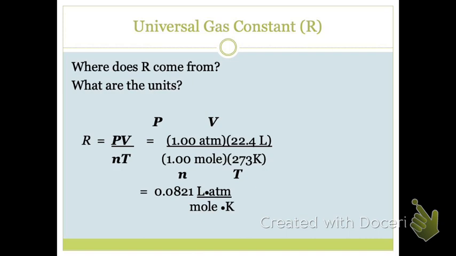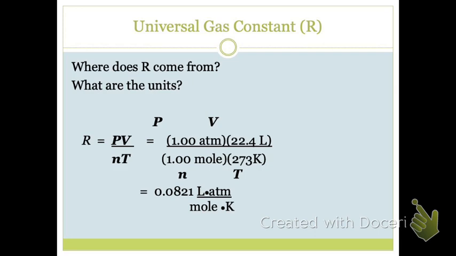And so I plugged in here all the information that we know about a gas at STP. If we have 1 atmosphere, 22.4 liters, 1 mole, 273, and if you do that math, voila, it comes out to be 0.0821. Okay? So that relationship is going to be there all the time.